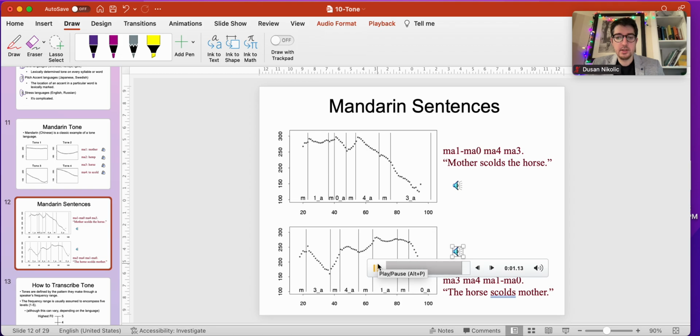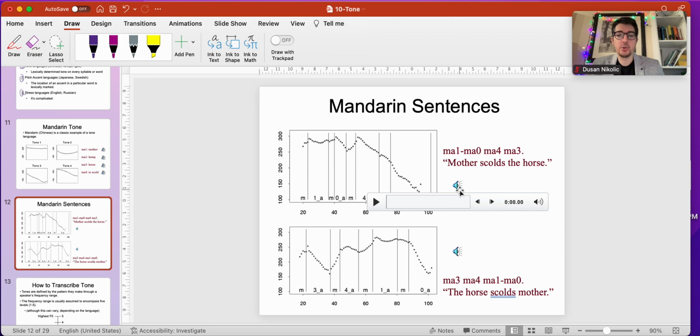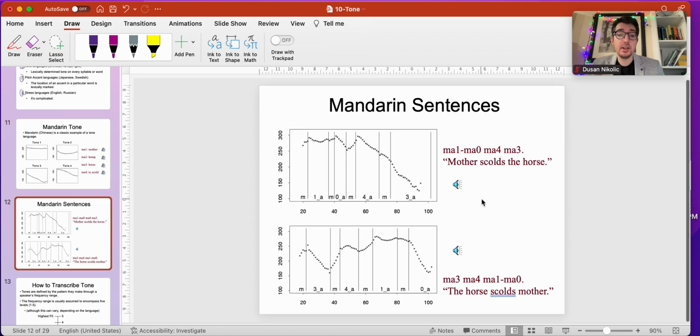They will decide. Yeah, the horse calls mother, which is an unusual thing to say, but for the sake of this practice, we can perhaps try and produce it, to see that tones play a crucial role in languages such as Mandarin because they determine the meaning of a word and finally of a sentence, right?